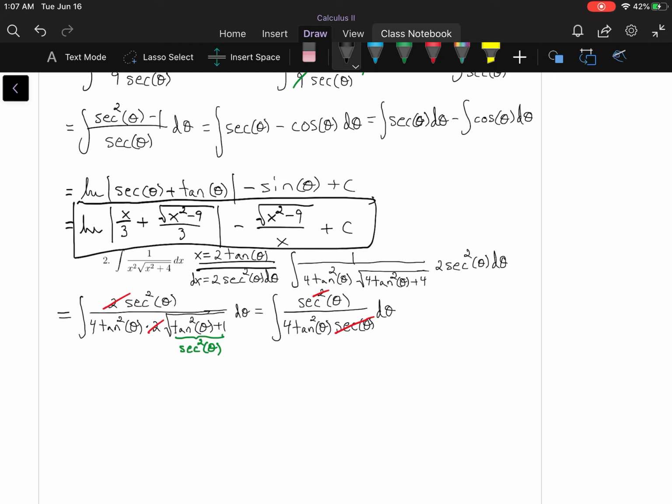What we get, again, I'm going to pull the 1/4 out. Secant theta is 1 over cosine of theta. The tan squared becomes sine squared over cosine squared.